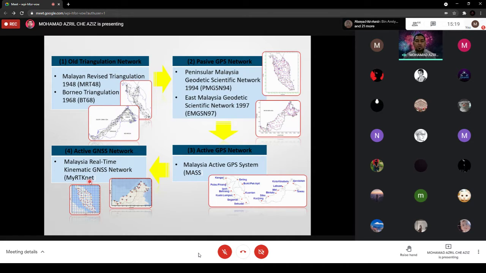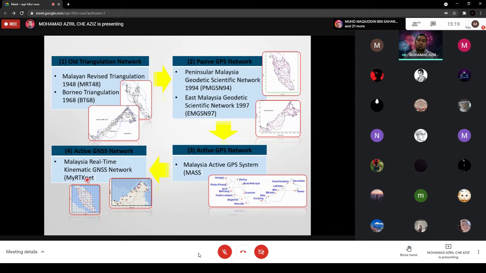As for private agencies, the licensed land surveyor will have an account in order to get the data, an account that relates to the control station at JUPEM. The licensed surveyor needs to subscribe, about 1,000 for one year.